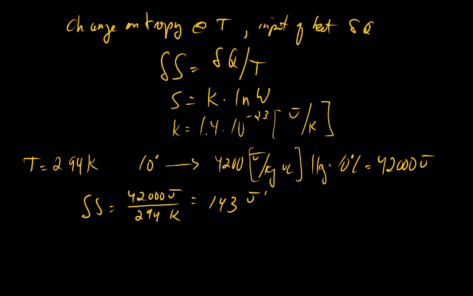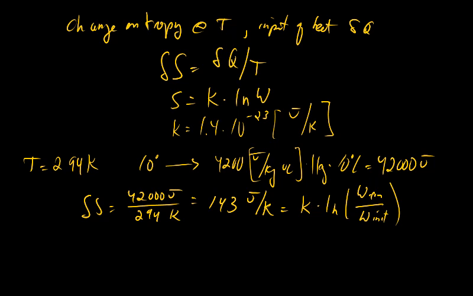143 joules per Kelvin. If I want to translate that to the number of configurations, I have to set that equal to k times the natural log, and this is again a change in the number of configurations. So this is really the logarithm of the number final over the number initial, and you can look at that later.